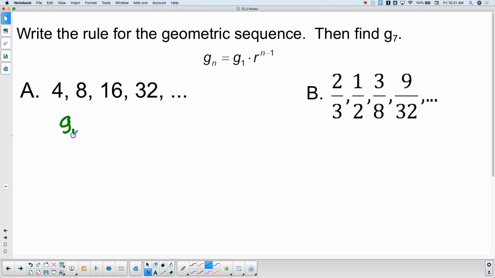So the very first thing you need is the first term. So G sub 1 here is 4. The next thing you need is the common ratio. If you didn't see that it was 2, you could take any term and divide it by the term right before it, and you would get 2.